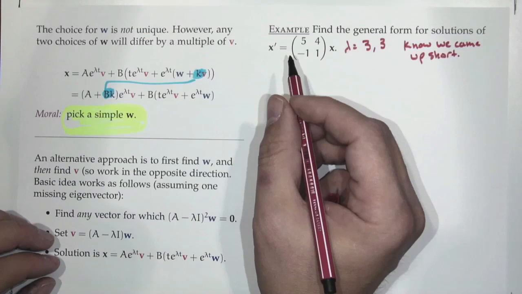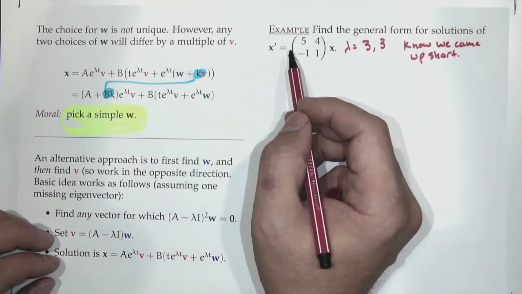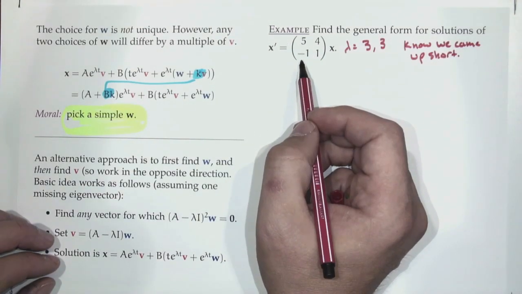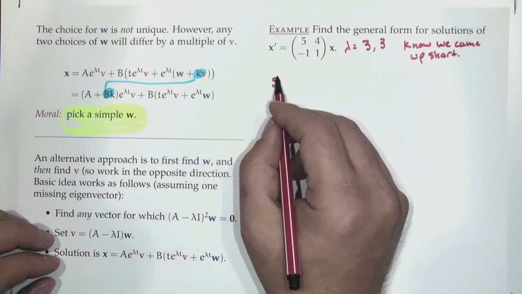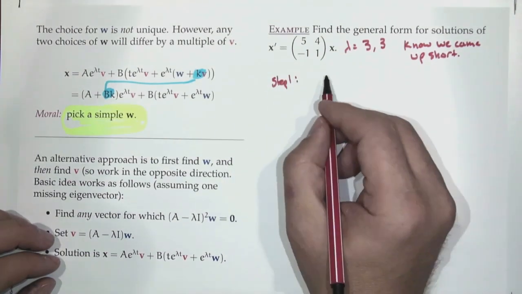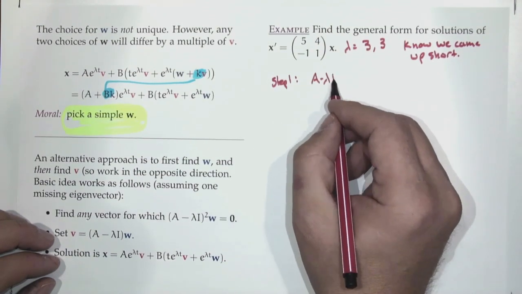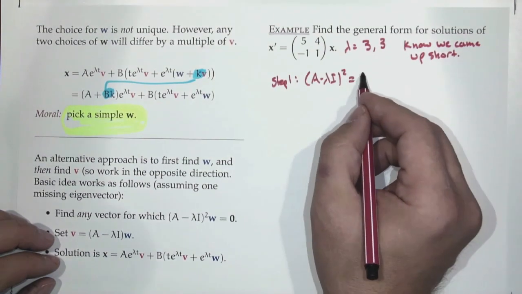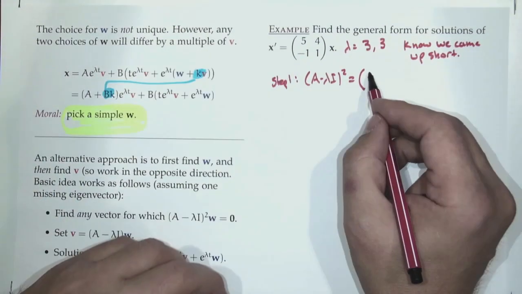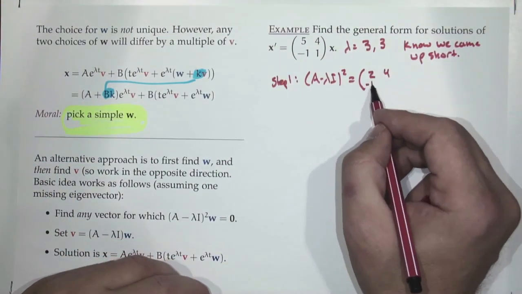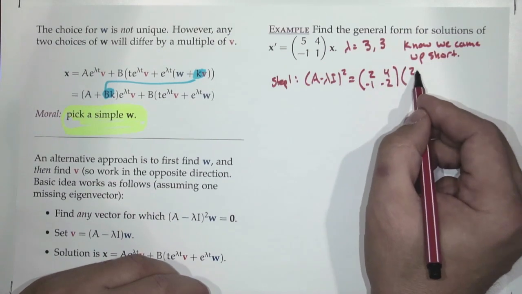And by the way, if you have a repeated eigenvalue for a 2 by 2 and it's interesting, you're missing an eigenvector. All right, so step 1. Find (A minus lambda I) squared. In this case, A minus lambda I is a matrix we've written down again and again. So we're going to square it.